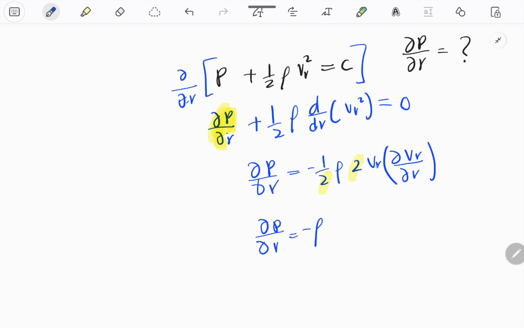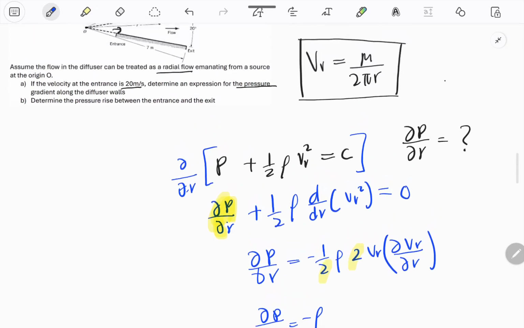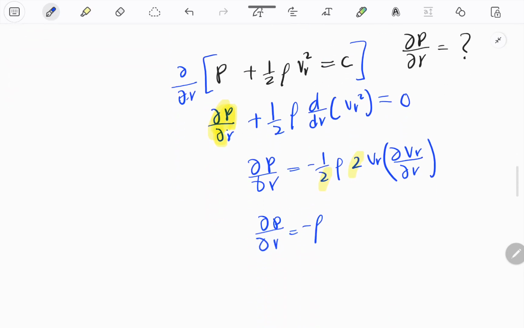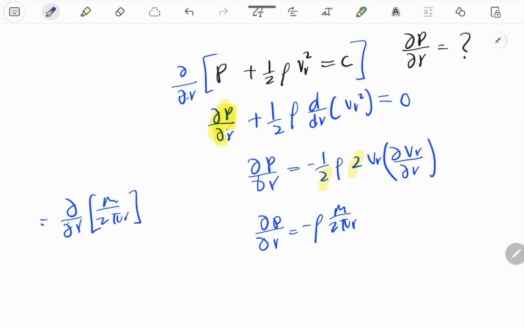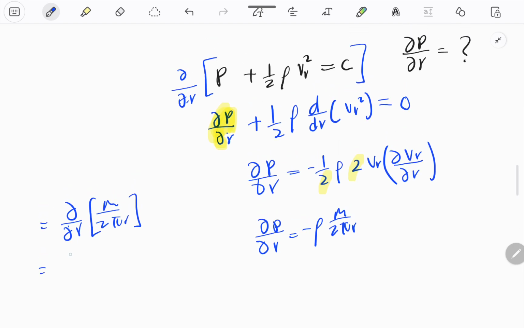V_r, which is m over 2 pi r. Then if I try to differentiate that, the derivative with respect to r of m over 2 pi r, on the side, m and 2 pi are constants.